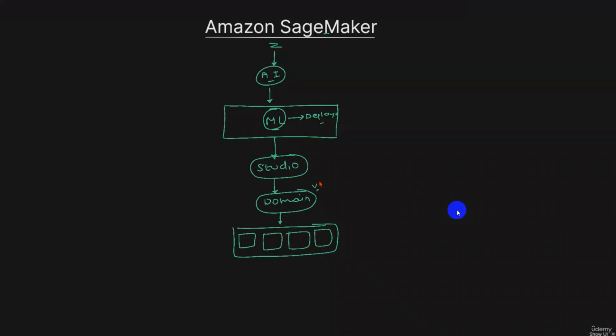So once organizations set up a domain, MLOps engineers create user profiles and assign them to the users in the organization, and they can start accessing these applications and perform their activities.